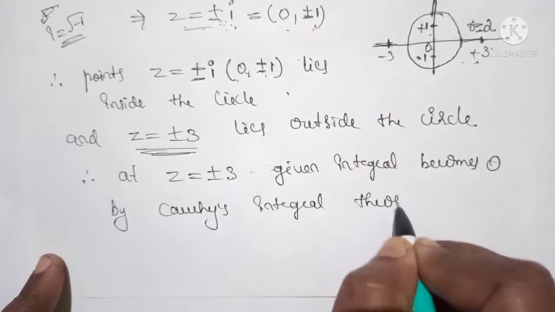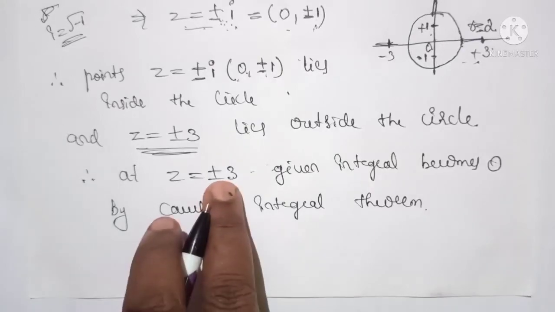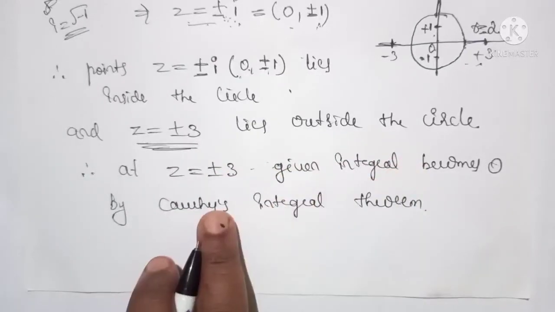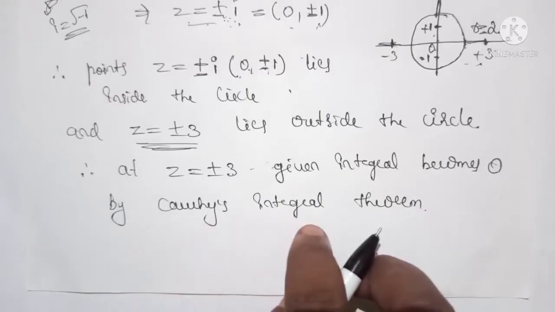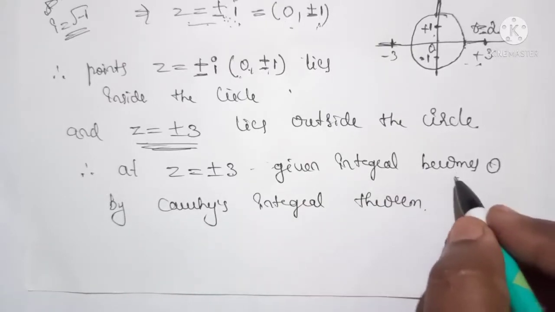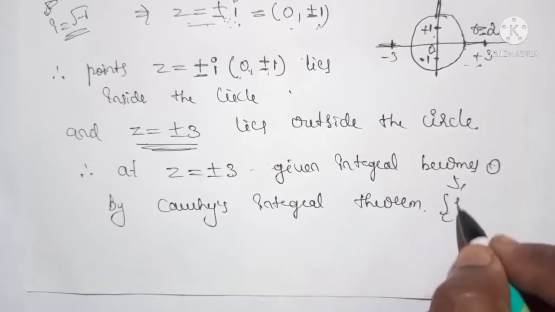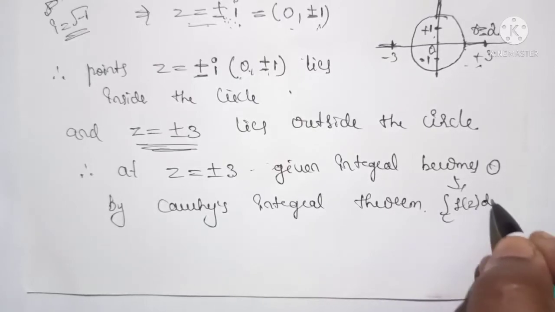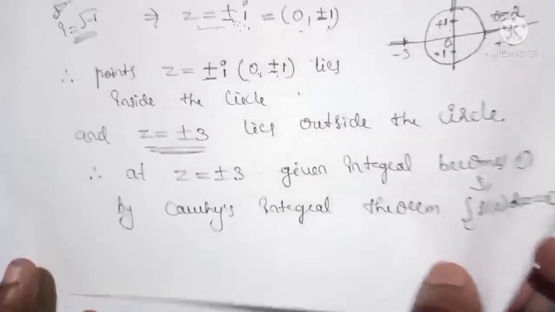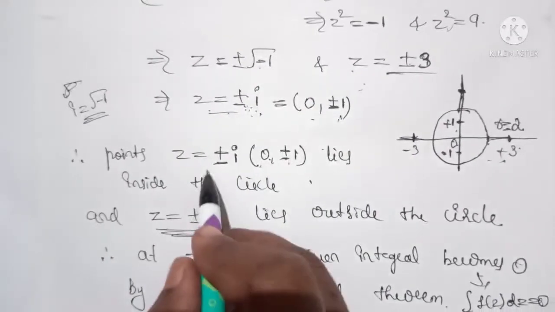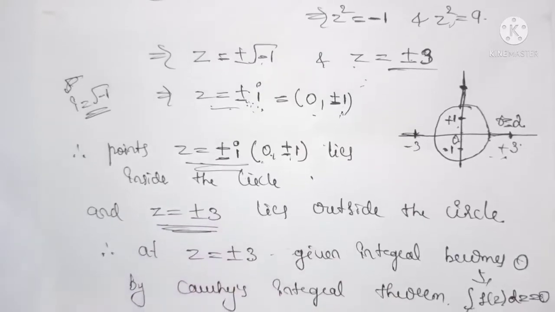Okay, because when the point lies outside the circle, we say that its integral is 0 by Cauchy's integral theorem, or you can write it as integral over C of f of z dz equals 0. Okay, so we evaluate only for z equals plus or minus i.